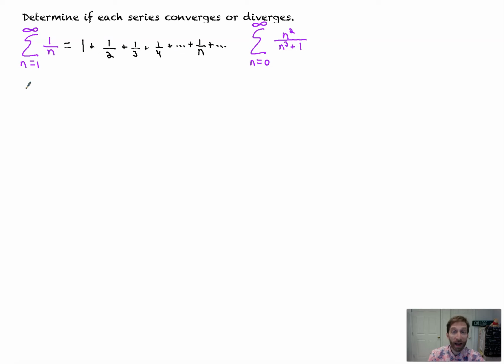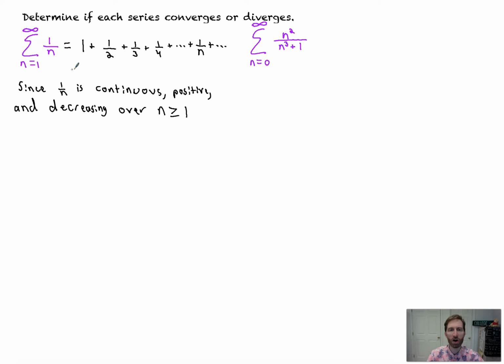I'm going to state that out formally: since 1 over n is continuous, positive, and decreasing, and that's important, for n greater than or equal to 1, because that's where we're starting, the integral test may be used.